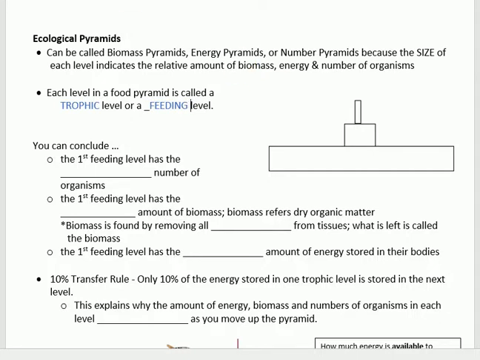So here in this example, right here, this big, huge thing down here, this is going to be our first trophic level. And this is our producers. And your energy pyramid should always have the producers on the bottom with the biggest amounts. Our secondary level, this is going to be our herbivores.